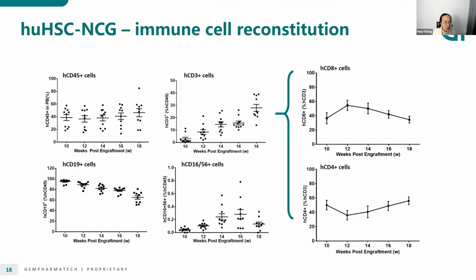As we can see, about 10 weeks post the HSC engraftment, the T cells gradually developed, and then the percentage of B cells gradually declined, but there is a relatively low percentage of human NK cells in these mouse models.